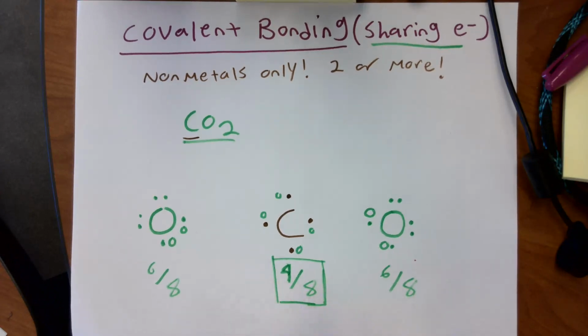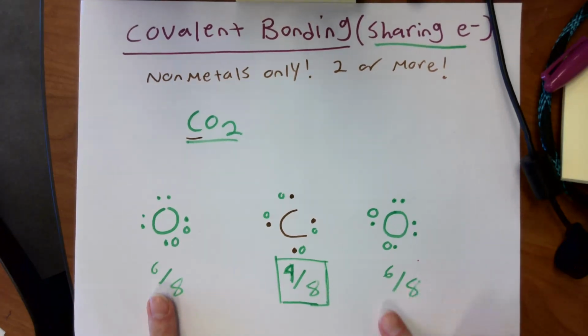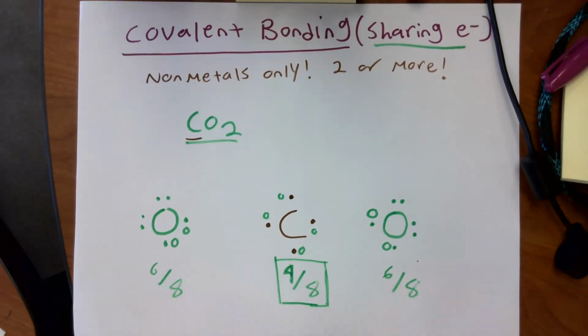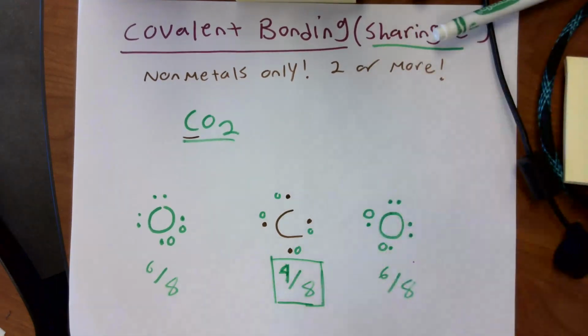So it doesn't want to give up those 4. It would rather try and gain 4. But oxygens over here don't want to lose any. They're stubborn too, and they want to hold on to their electrons and gain 2. So what has to happen in this is there has to be some sort of compromise here.